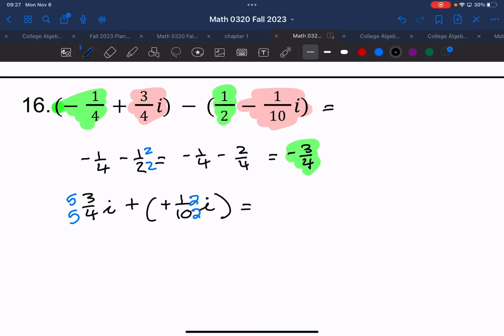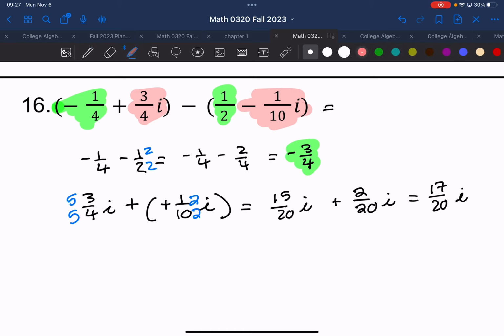So that means we get 15/20i plus 2/20i, which gives us 17/20i. So that is the imaginary part. So our answer is negative 3/4 plus 17/20i.